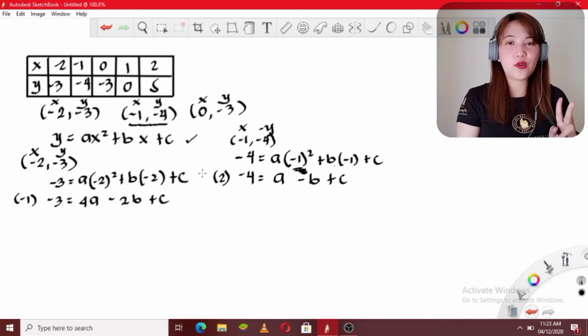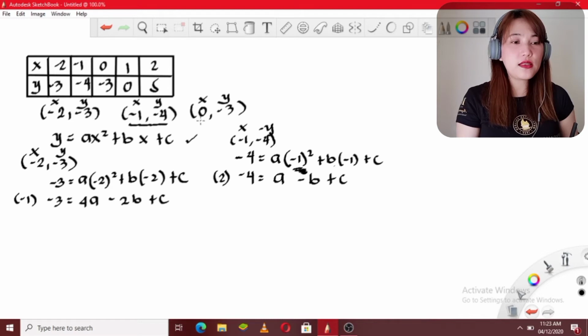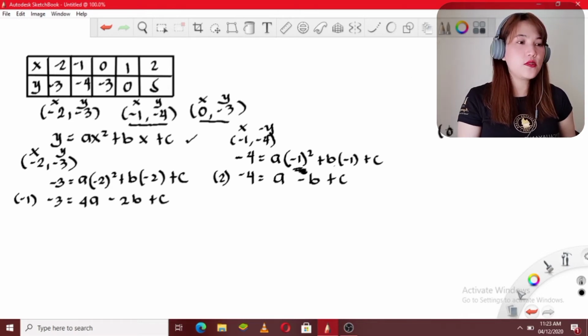So, meron na tayong dalawang equation na na-form from the points. The third point is 0, negative 3. So, let's do the same. So, for 0, negative 3, 0 is x, and negative 3 is y. Substitute the values of x and y to the standard form of a quadratic function.